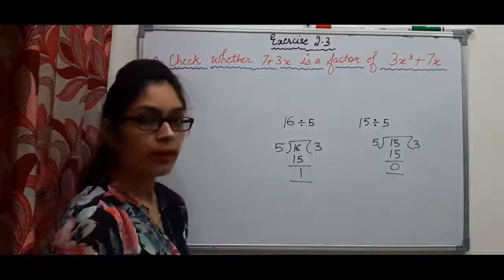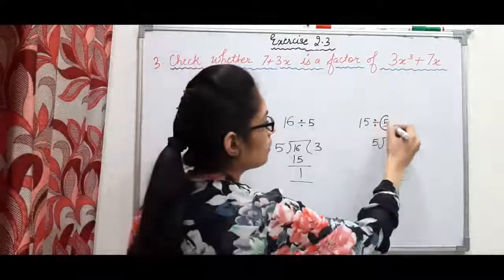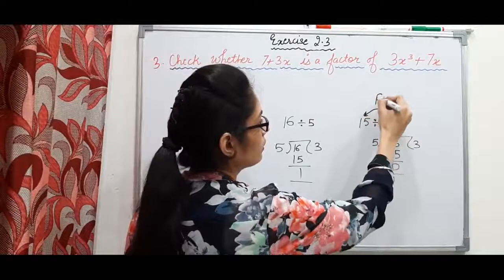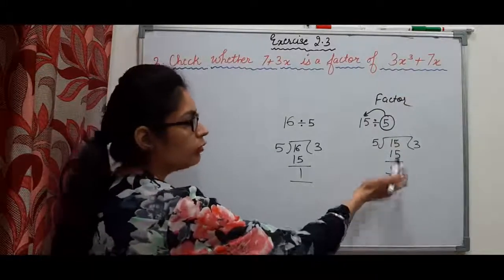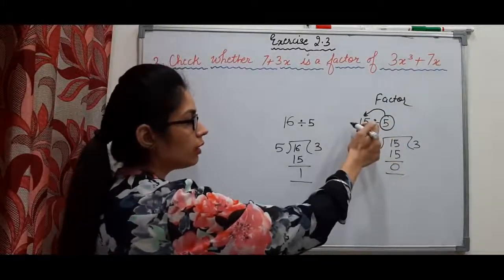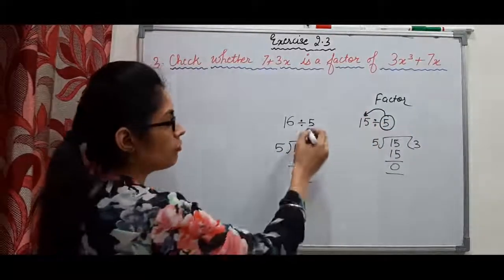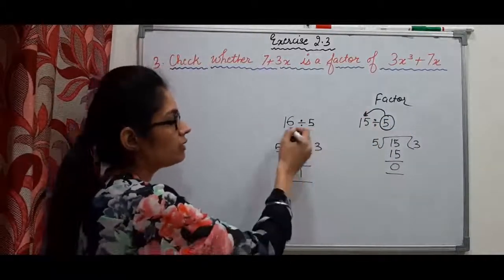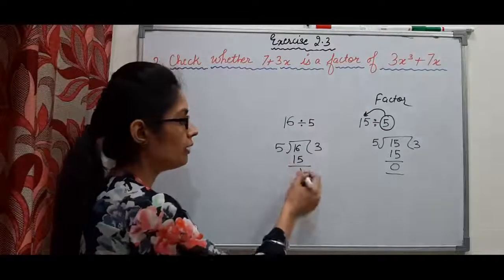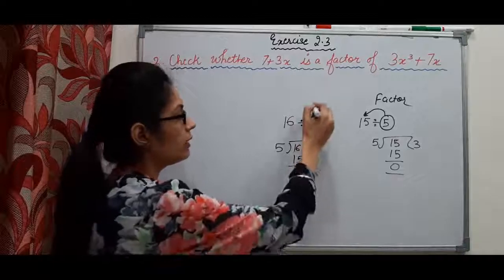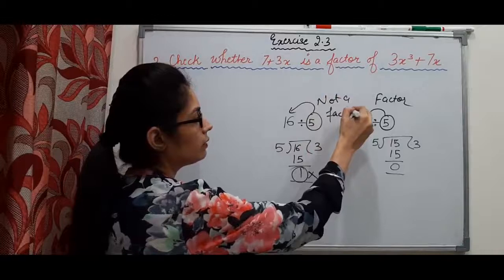So whenever you get 0 as a remainder, that means this number is a factor of this. Because we got 0, 5 is a factor of 15. The divisor is a factor of the dividend. In the same way, when we divided 16 by 5, we didn't get 0. We got some remainder, due to which 5 is not a factor of 16. It is not a factor.